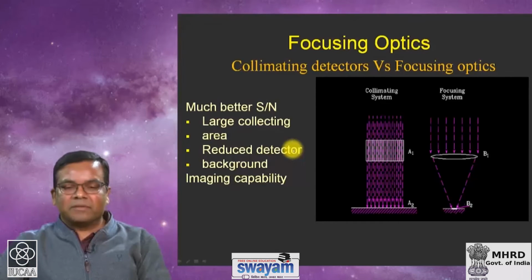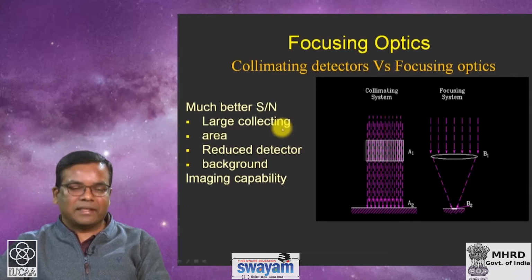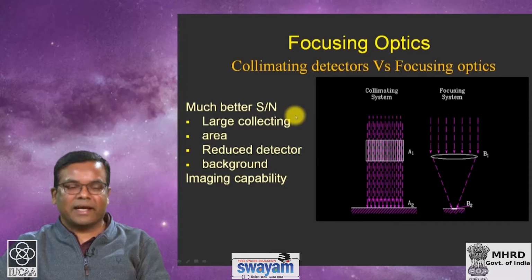These proportional counters were workhorses in X-ray astronomy. They are still being used, but later on more sensitive telescopes and detectors were required, and this was achieved with focusing X-ray optics and semiconductor detectors. There are several advantages of using focusing X-ray optics as well as semiconductor detectors.